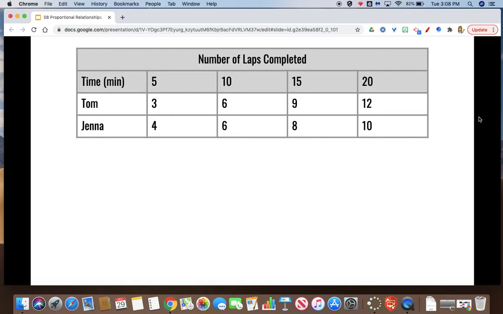Okay, so here we're going to look at number of laps completed by Tom and Jenna for the time that was given up above. So let's write a ratio comparing Tom's number of laps to the amount of time it took him to complete those laps.